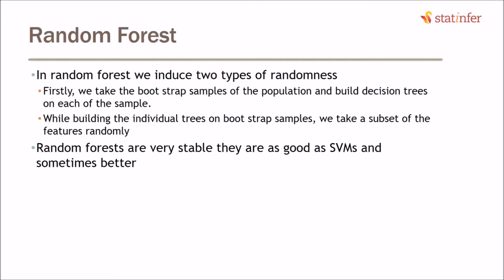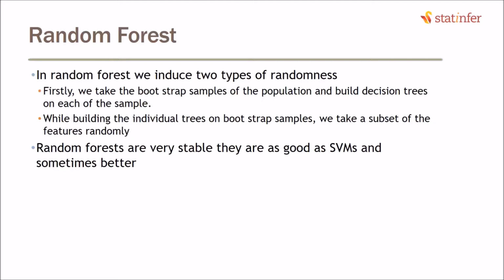In random forest we include two types of randomness. Earlier in bagging, what did we do? We bootstrapped samples, a set of k samples, then we built k models. Now in random forest we take bootstrap samples of the population and build decision trees on each sample.